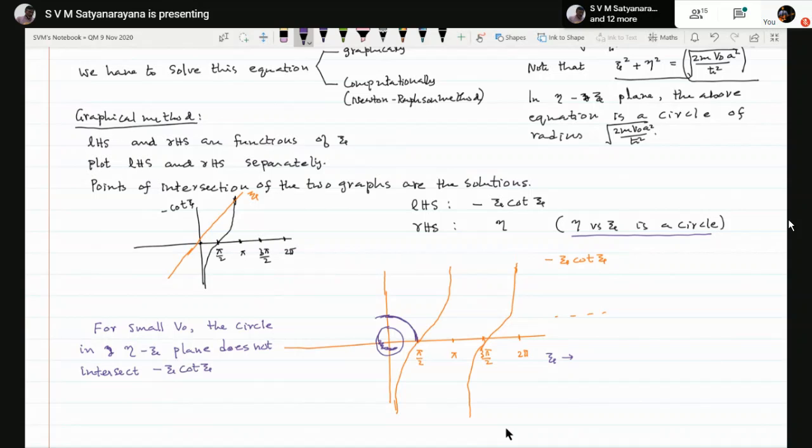What does that imply? There exists no bound state. There exists no energy for which a particle is bound in the region 0 to a.